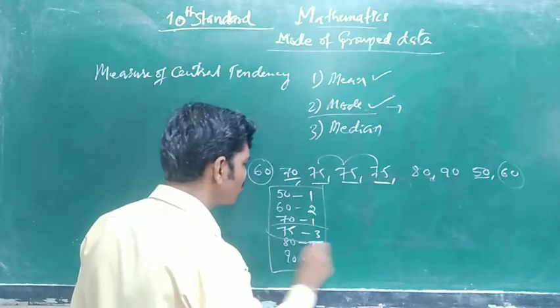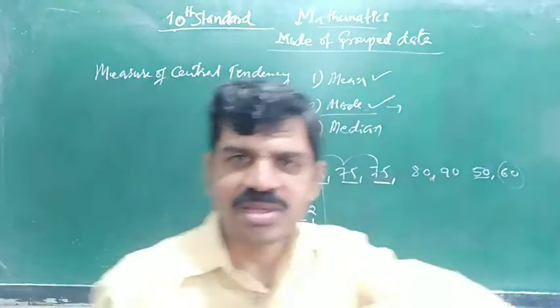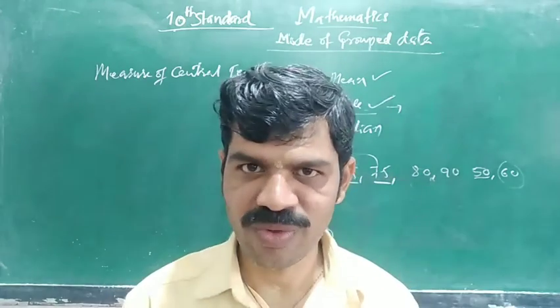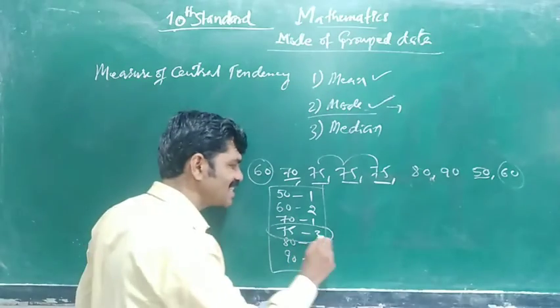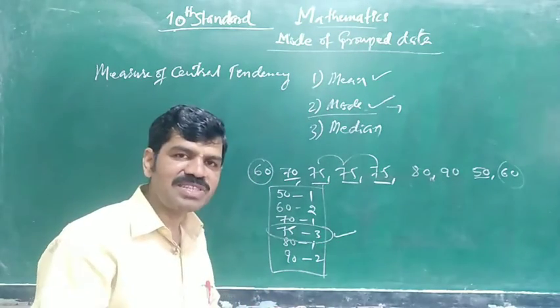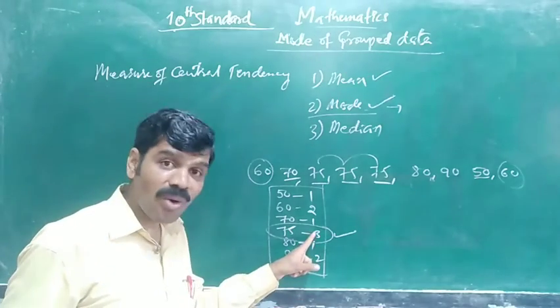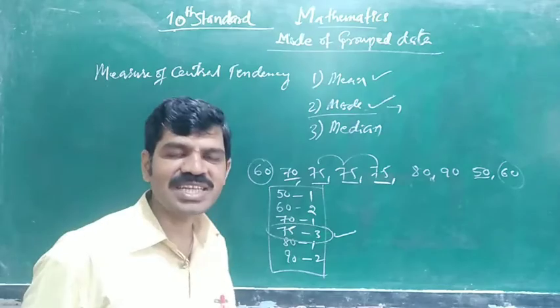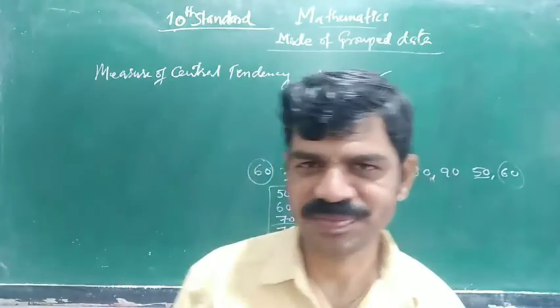See, the number of times one particular number is repeated is the mode. 3 is the highest frequency. 75 is the number which is repeated more. Here it has been repeated 3 times, and this is the mode.